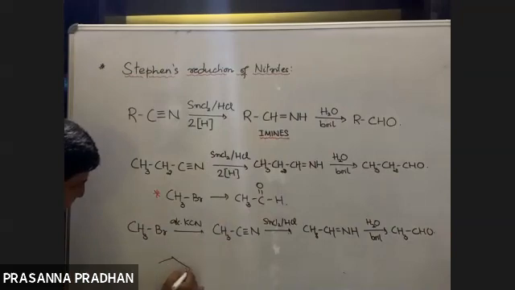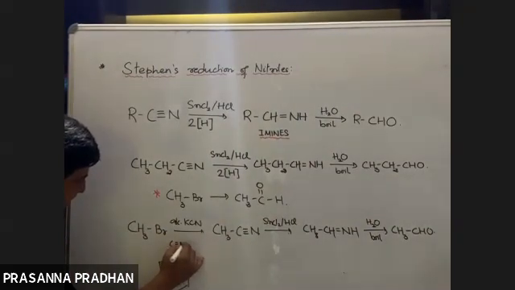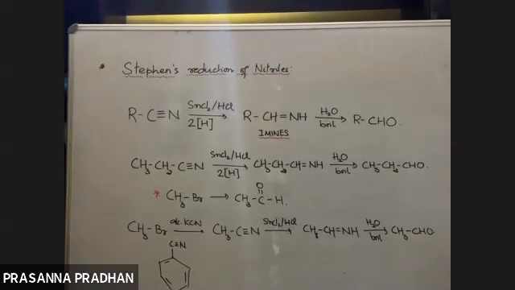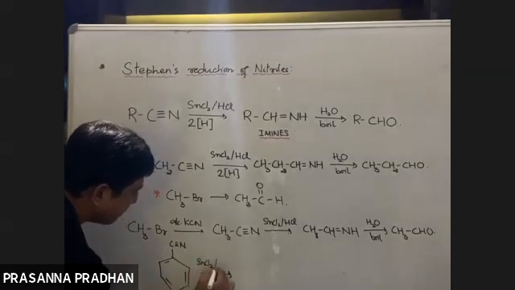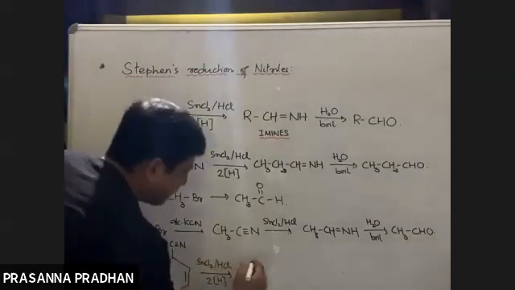So for example, if I start with phenyl nitrile or cyanobenzene like this, right? Cyanobenzene. Okay. Now what will you do? Again the same reagent. SnCl2 HCl, two nascent hydrogen. What do we get?